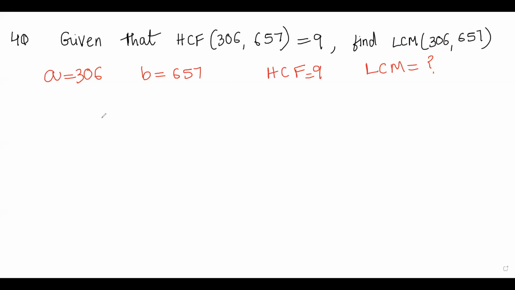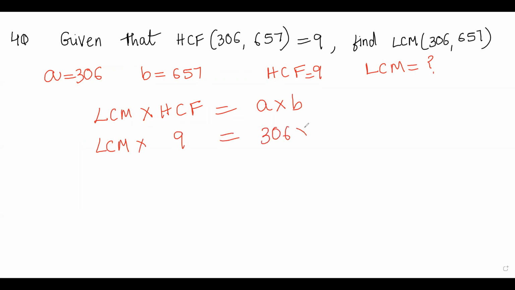The relationship is LCM into HCF is equal to, can any one of you tell the answer? A into B, product of numbers. LCM, we don't know. HCF is given as 9. The two numbers are 306 and 657.